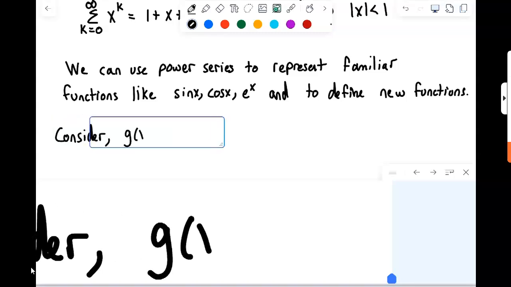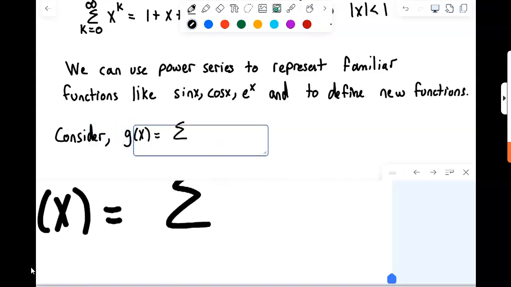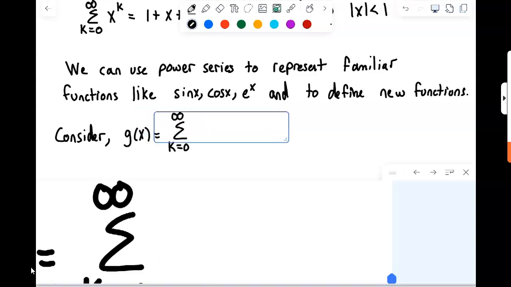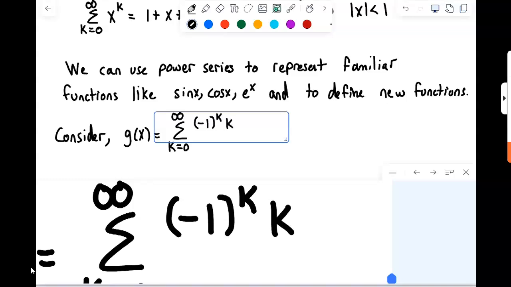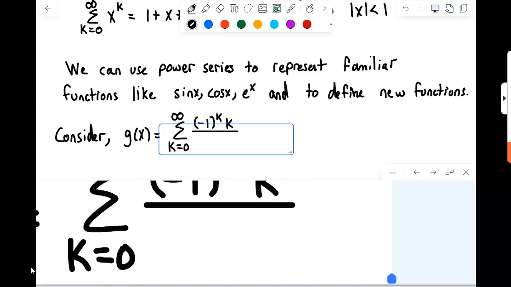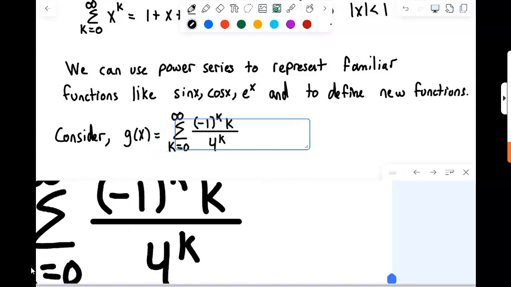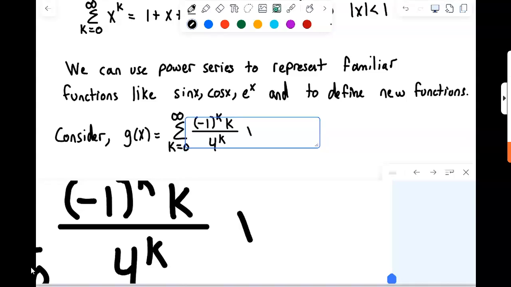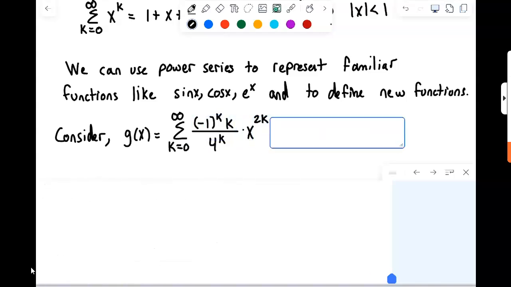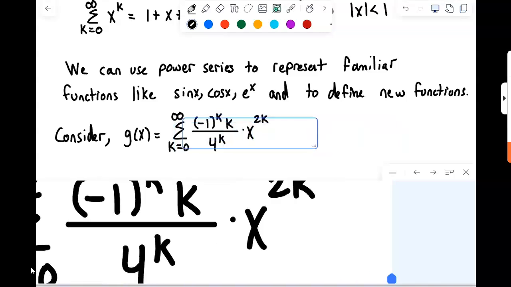G of x is equal to the sum as k goes from 0 to infinity of minus 1 to the k times k, all divided by 4 to the k times x to the 2k. Right, so consider this function here, this infinite polynomial.